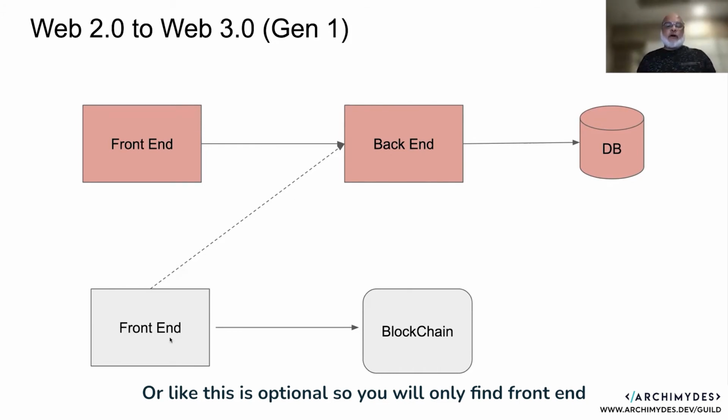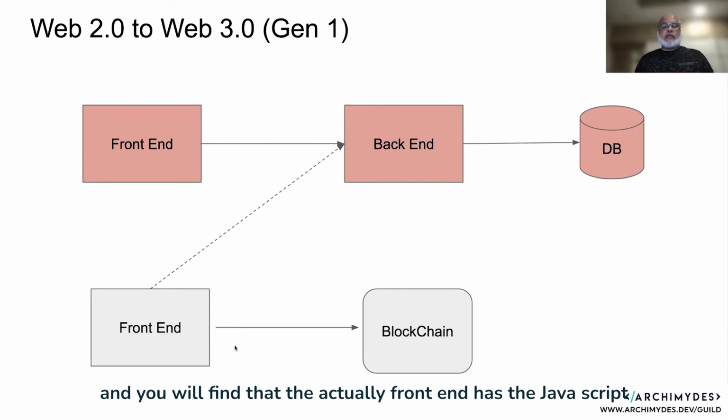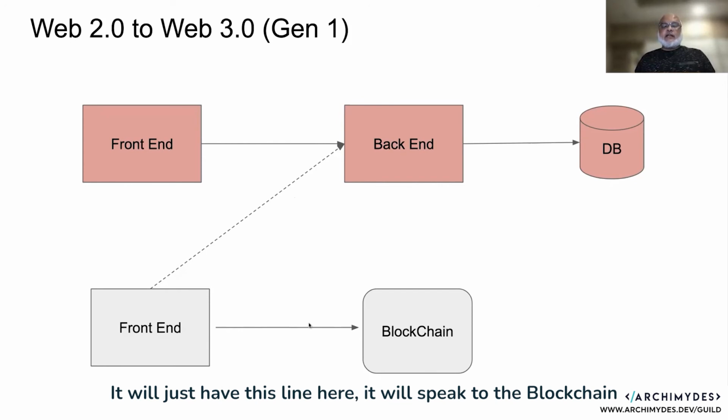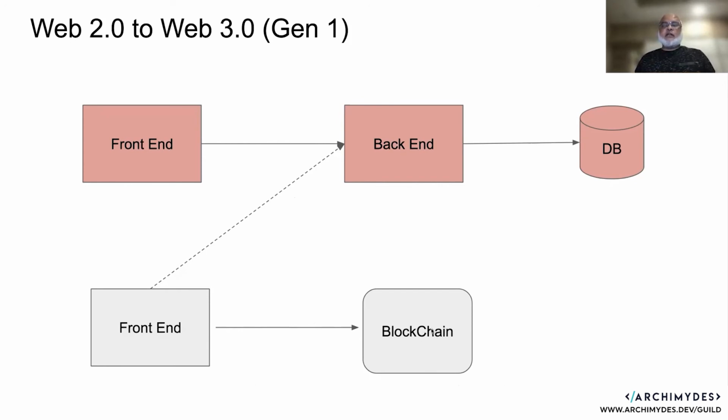So there you'll only find a front end, and you will find that the front end has JavaScript that will speak with the blockchain and get information. Let's say the front end is a wallet. It will not have any other stuff here. It will just have this line here. It will speak to the blockchain and will get your balance and show the balance here.